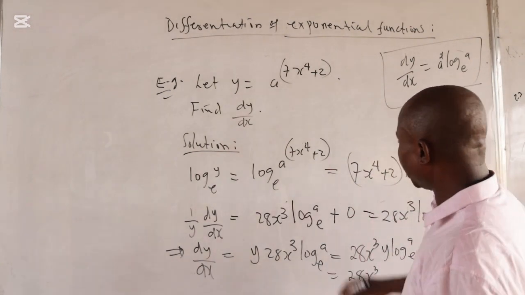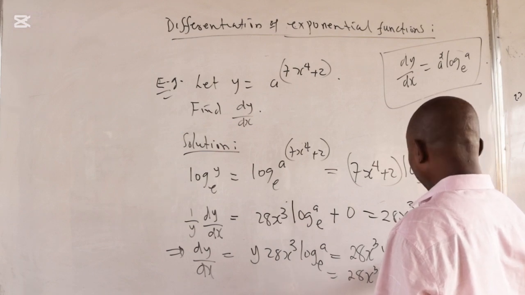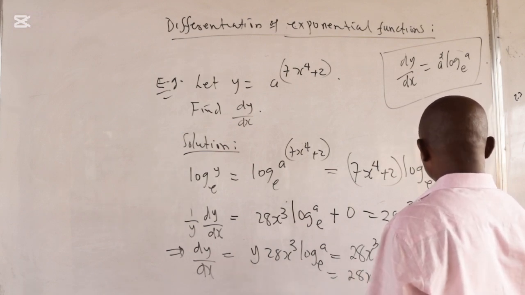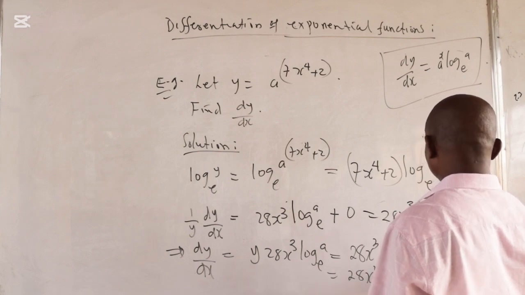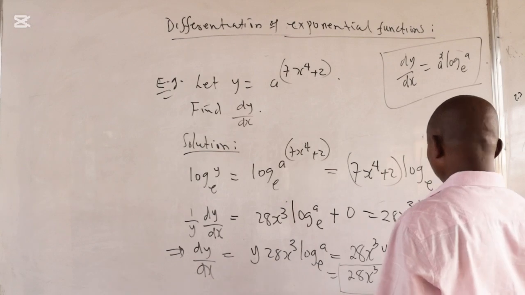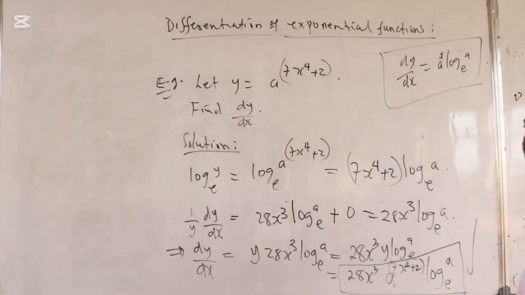Our y is this person, so we have a raised to the power 7x raised to the power 4 plus 2, then log to base e of a. This is the result of differentiating y with respect to x.